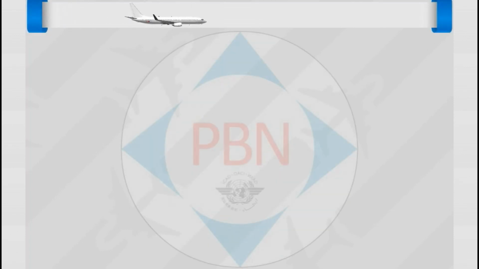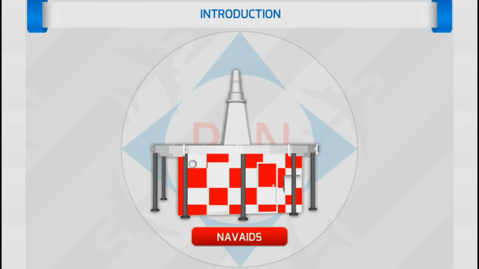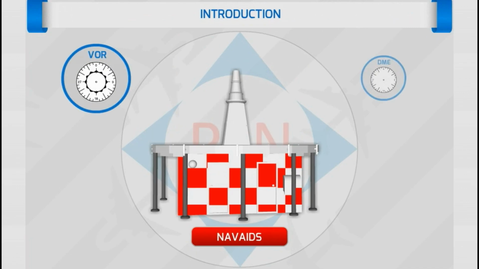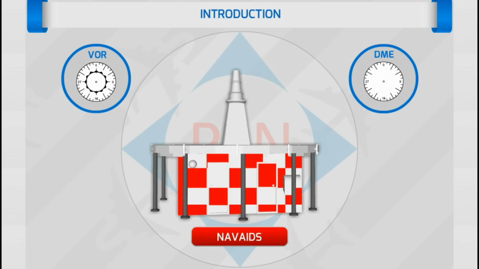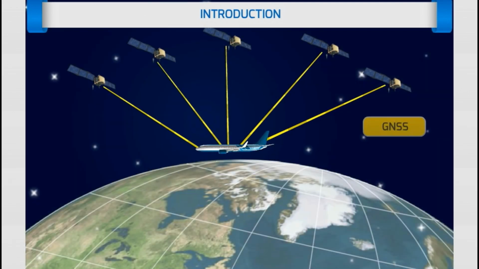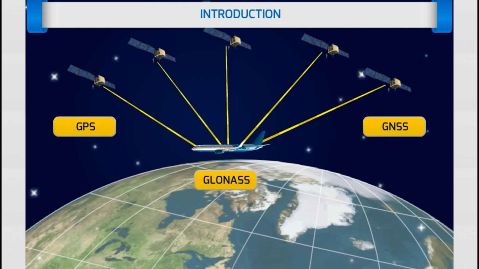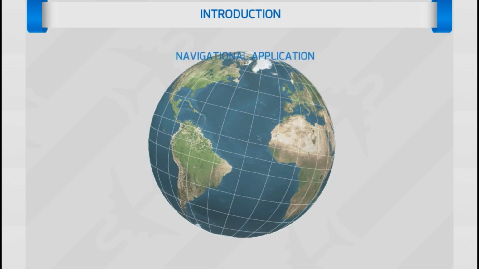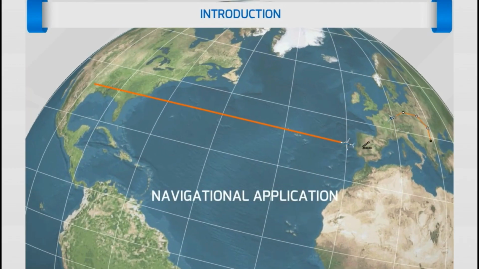There are three basic elements of PBN: NavAid, or ground-based navigational aids, such as VOR, DME, and onboard navigational aids, such as Global Navigational Satellite System, GNSS, Global Positioning System, GPS, or GLONASS, Navigational Specifications, or RNP, RNAV limitations, and Navigational Application, or the use of navigational specifications in different airspace situations.